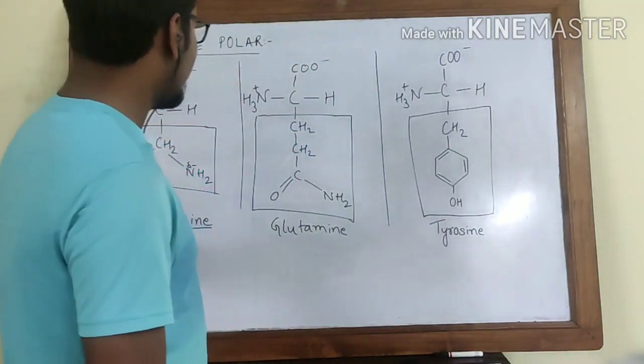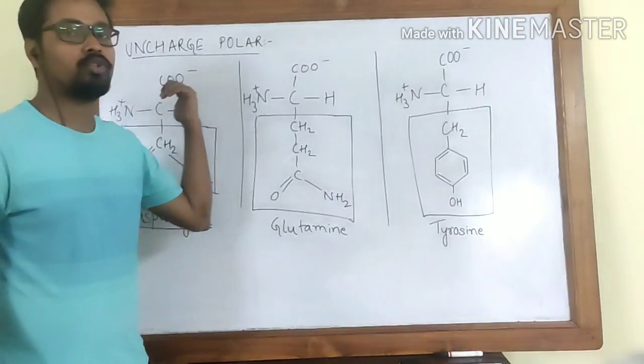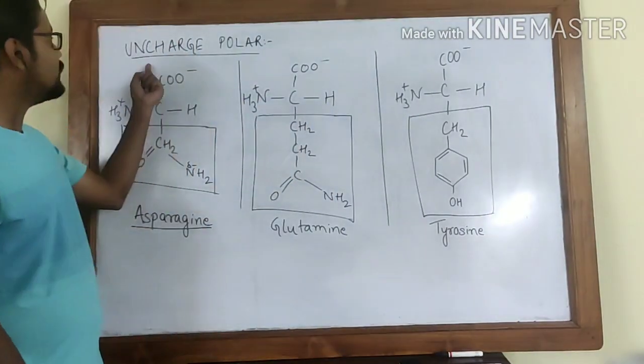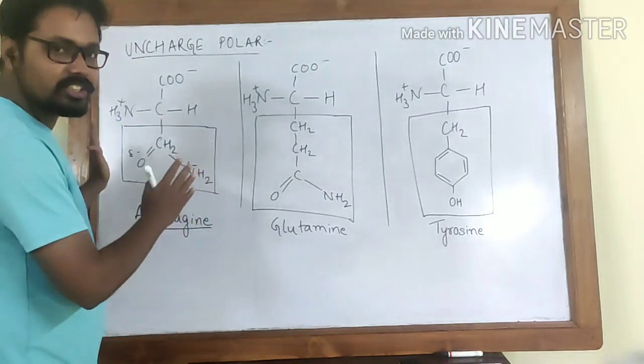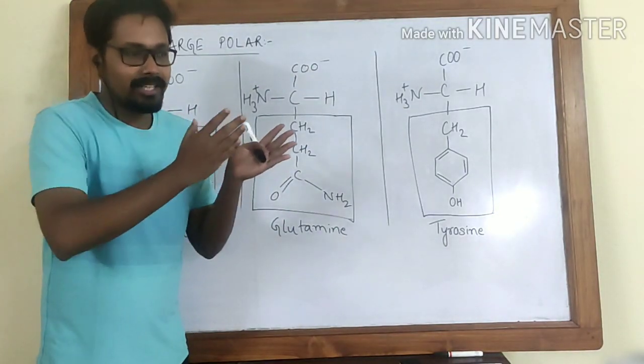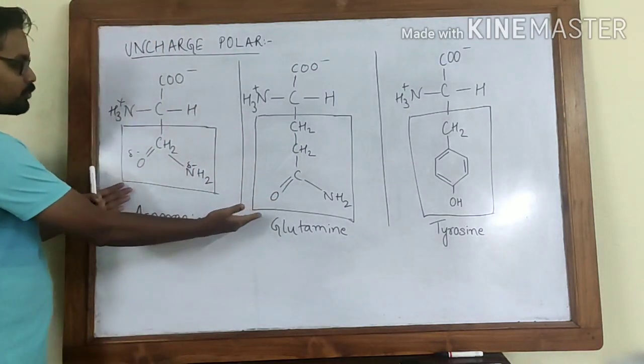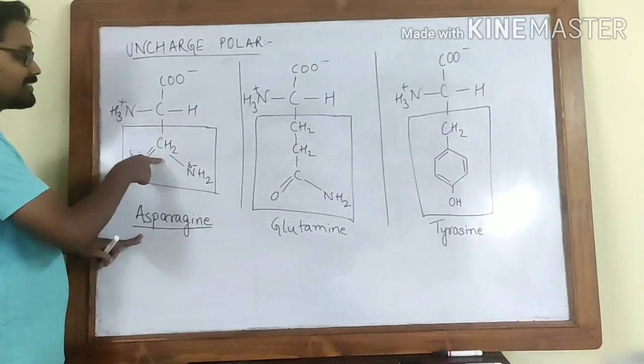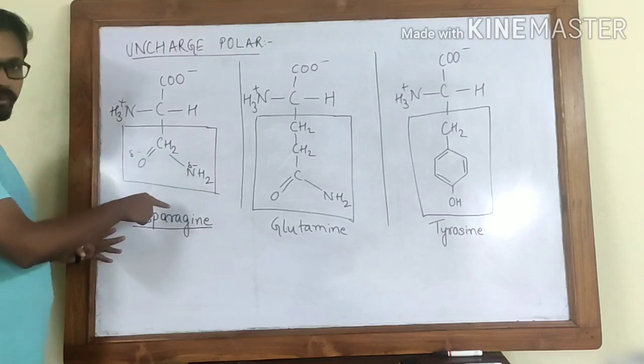Okay, so these are our 3 and with the previous, a total of 6 amino acids which are uncharged but polar. I hope the structures are simple to remember. You don't have to remember all the structures. For example, remember the structure of asparagine, which is the simpler one. We have CH2, C double bond O, NH2.